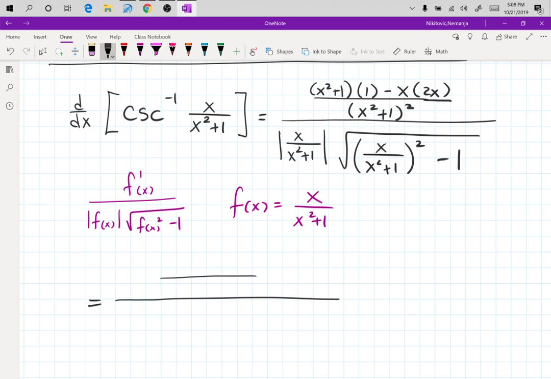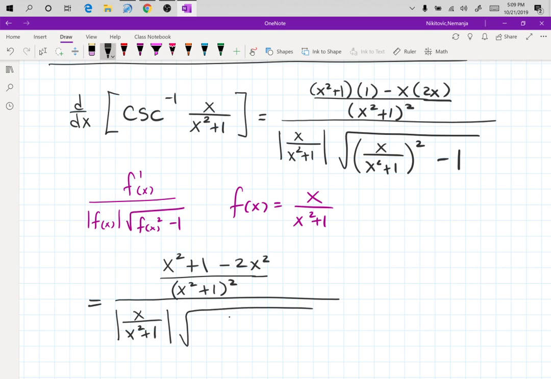I still have this x squared plus 1 everything squared, and then over there I have x squared plus 1 minus 2x squared, and then we have x over x squared plus 1 square root of x over x squared plus 1 squared minus 1.